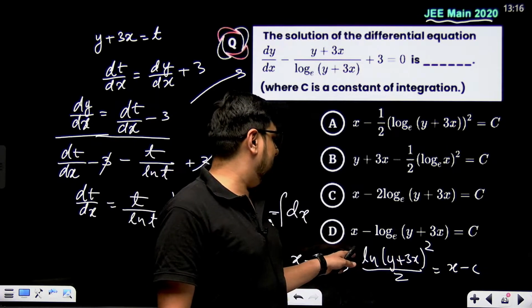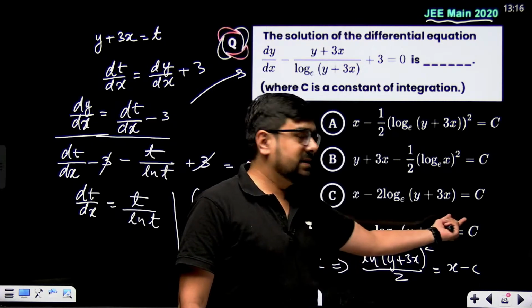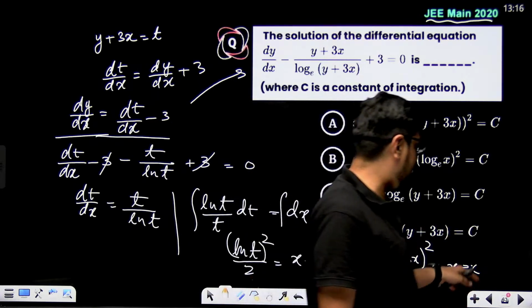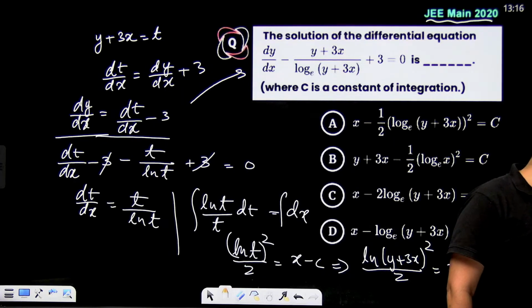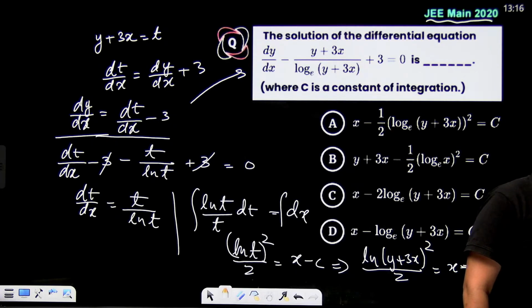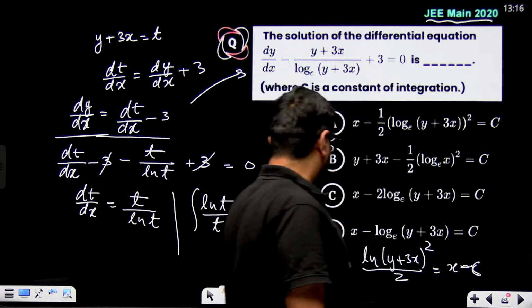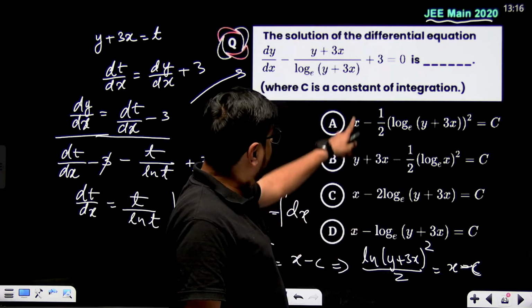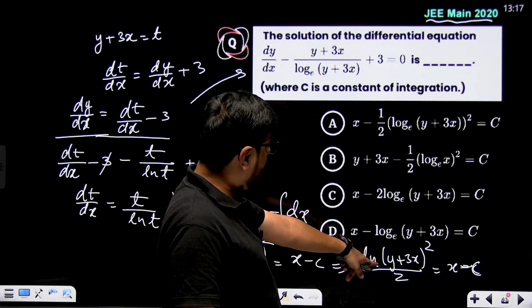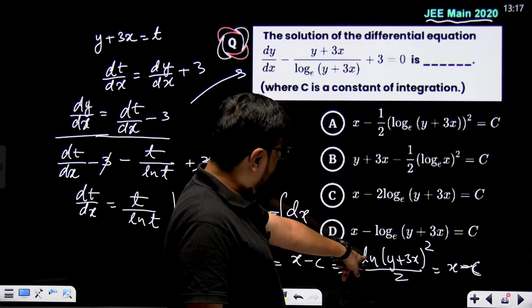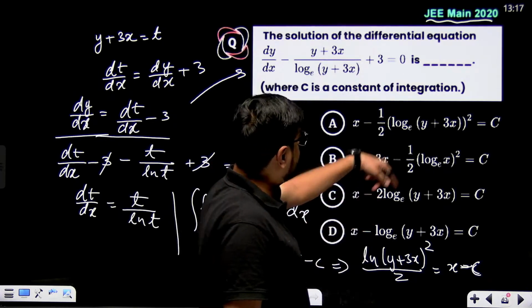Only thing is that this is given in this way, right? C is taken as positive, so I'm just taking the integration constant as minus c. It doesn't matter much. So this is going to become half ln of y plus 3x whole square is equal to x minus c. Yes, we have this option here.